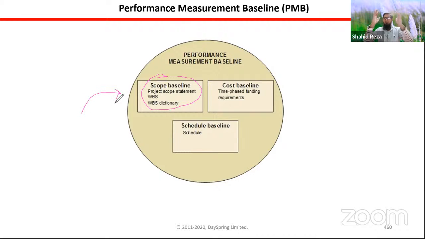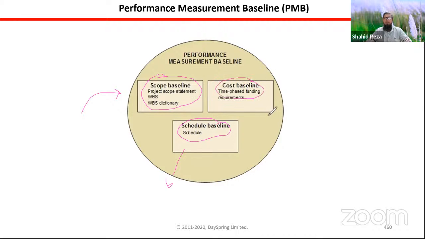That means the scope is fixed. Within that scope, we need to deliver. Then we found the schedule from which chapter? Chapter number 6. And that schedule, as a project manager, we have to follow that timing to complete the project. And from today, from chapter 7, we are getting the cost baseline.